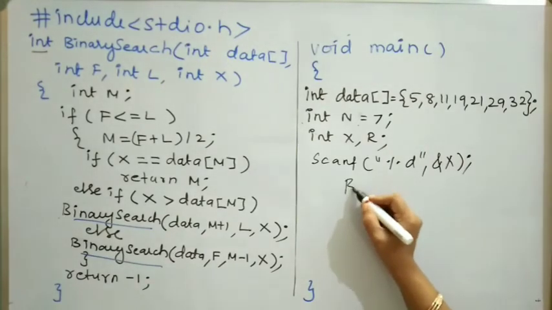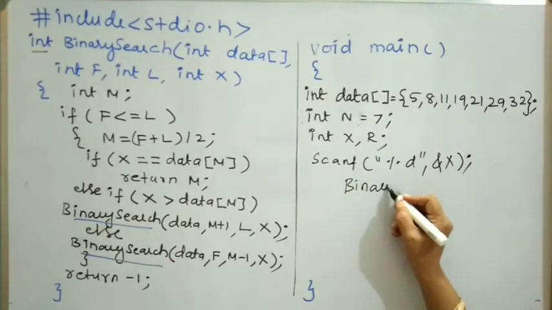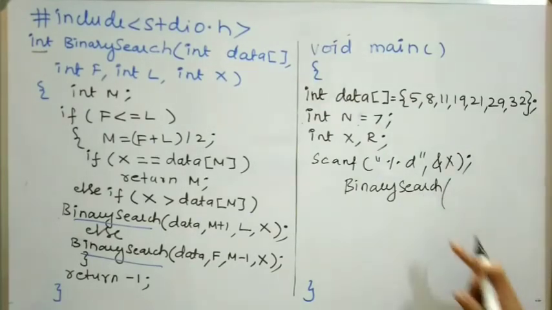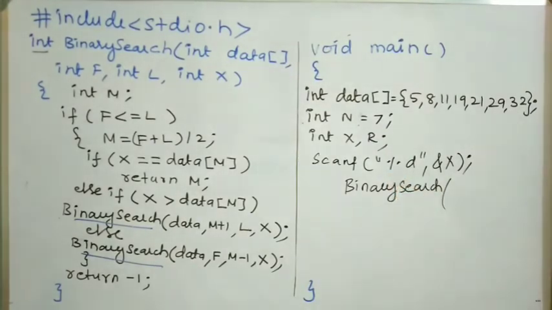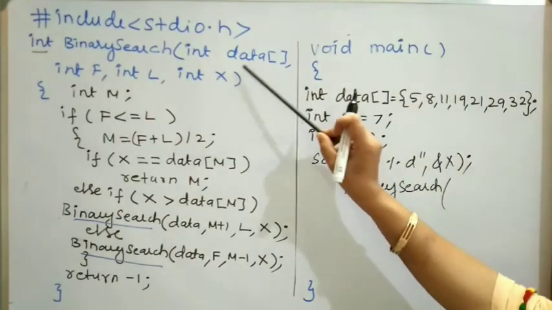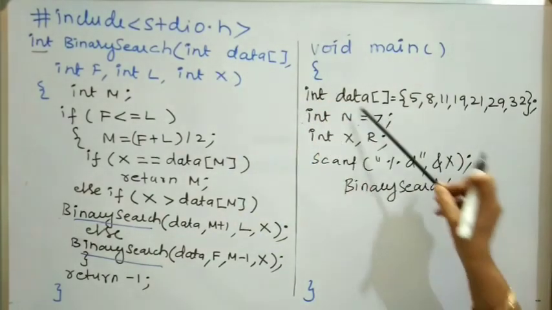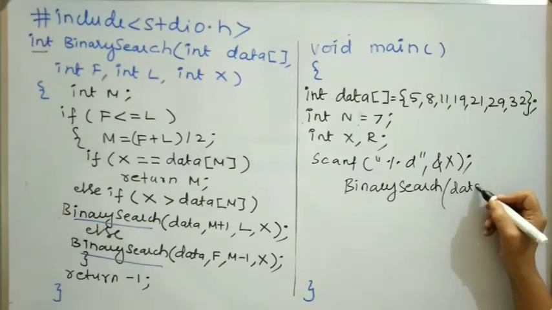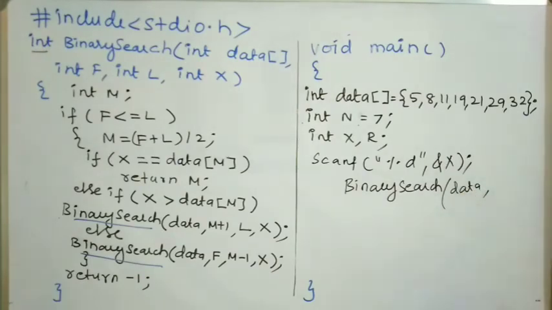To call this binary search function, what are all the values I need to pass? I need to pass a value for this integer array. I have declared an integer array data, so I am passing the name of the array, data. While passing the array, there is no need to specify the array bound in the function call. The next variable is the value for f.